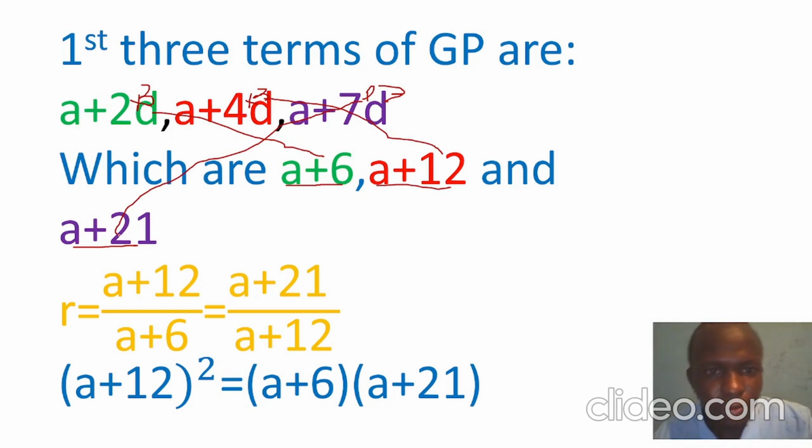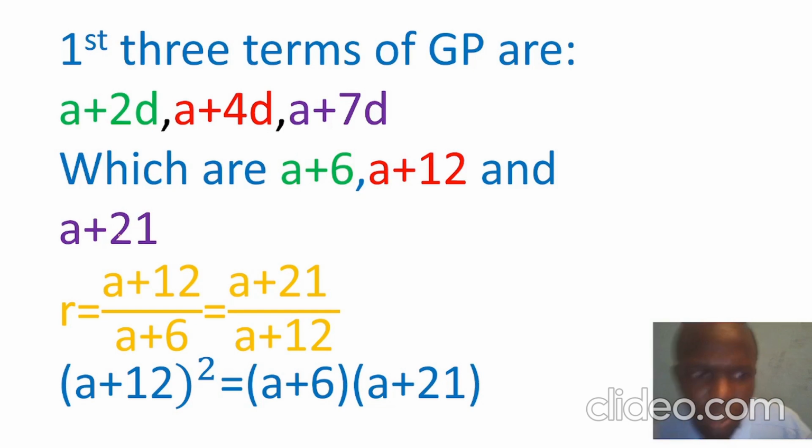And now we want to get an expression that will give us A. Before I come to this stage of common ratio, I would like us to reason in this manner.